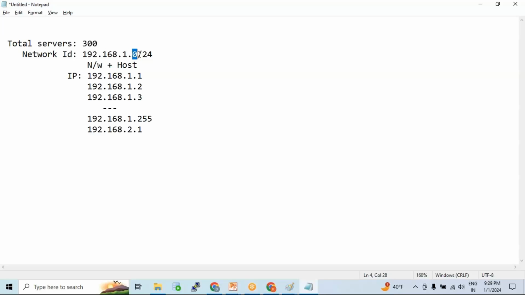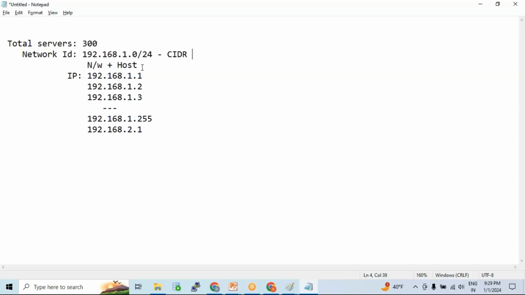The remaining bits are used for host identification. That is just a notational representation, guys, /24. So whatever /24 that I'm using here as a notation is called a CIDR notation, terminology wise. I'll talk about what this CIDR full form is later, but for now, this /24 is the CIDR notation.